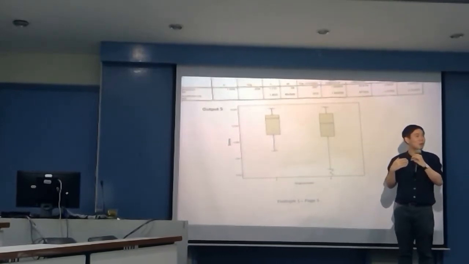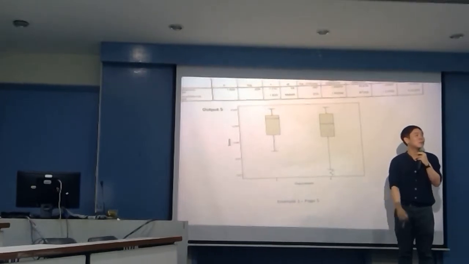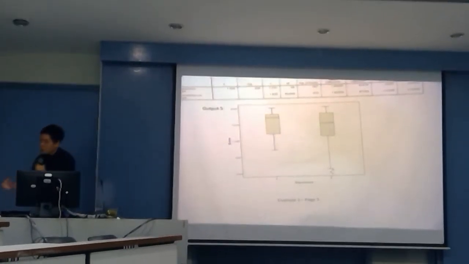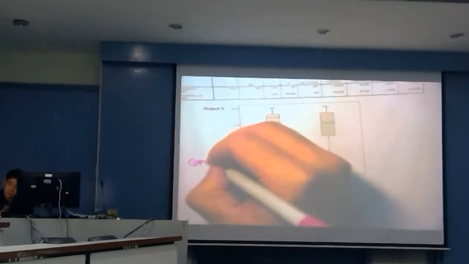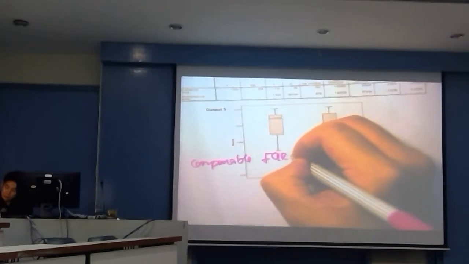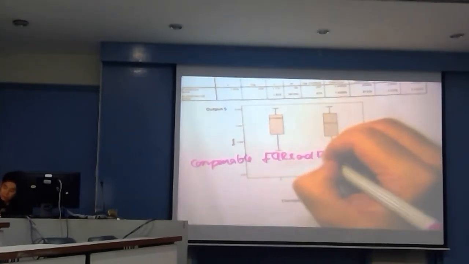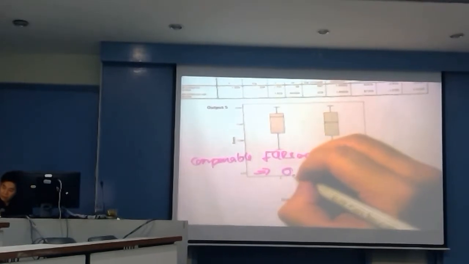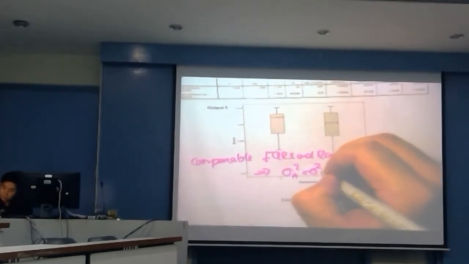From my experience, if it's not a big difference, then don't make a fuss about it. Like in this one, same logic: comparable IQR and range lead to equal variance.